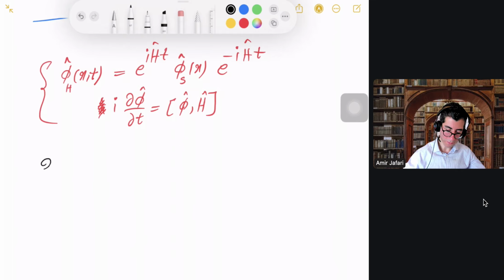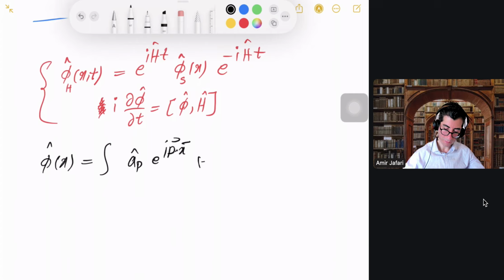We started with this expression phi of x, time independent, Schrödinger picture, and we wrote something like this: a_p e^{ipx} plus a dagger, another term, e^{-ipx}, and this is similar to the position operator in the simple harmonic oscillator. And remember, this is basically the complex conjugate of the first term to make phi real.